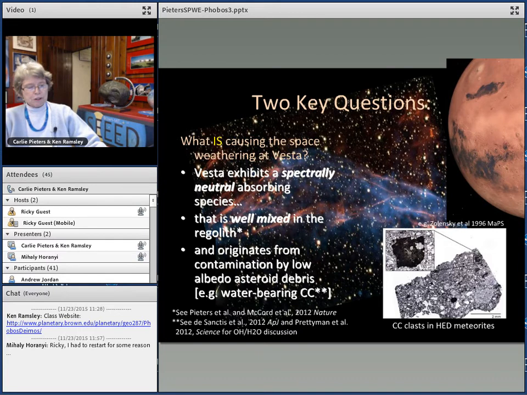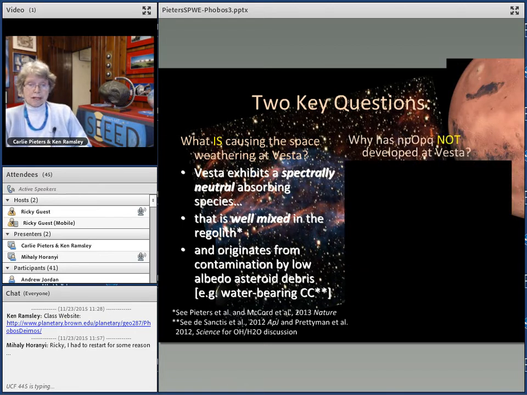And furthermore, some of the results of the Dawn experiment have shown that there's regions of hydrated material which is coordinated with the distribution of low albedo material, again consistent with contamination by carbonaceous chondrites. So there's a perfectly self-consistent story for what's causing the alteration on Vesta, namely it's a minor mixing with small amounts of contamination because of where it is in the asteroid belt.